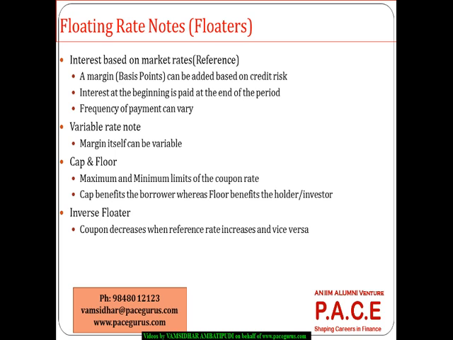So I can very well say that this particular bond will pay a coupon equivalent to LIBOR plus 100 basis points, which means the coupon that would be paid is based on the LIBOR prevailing at that particular point in time, plus 100 basis points, which is 1%, right? 100 basis points is 1%. 1 basis point is 0.01%.